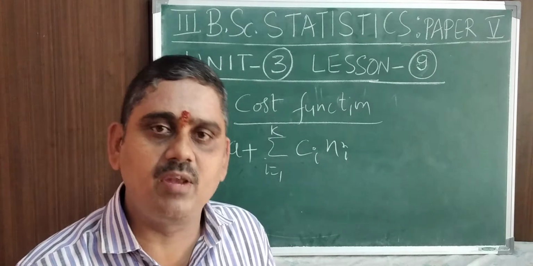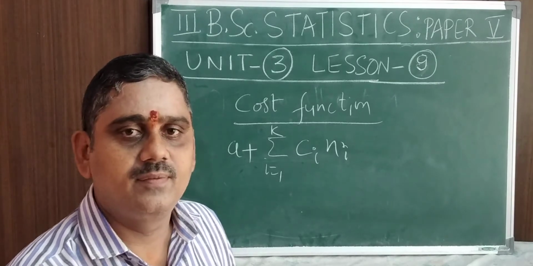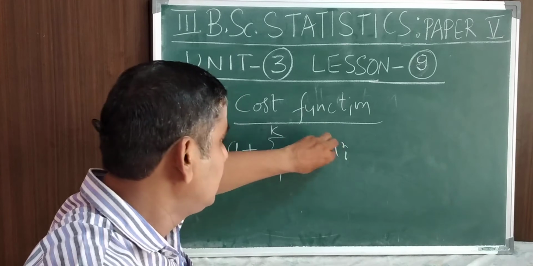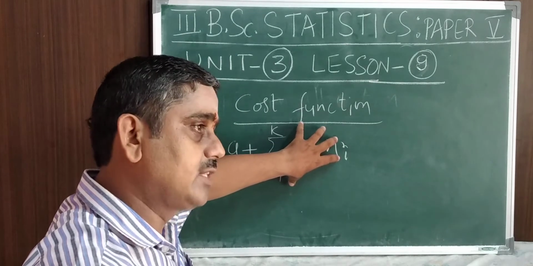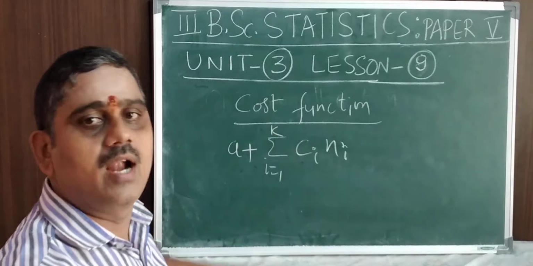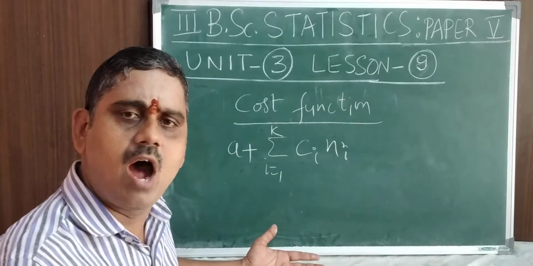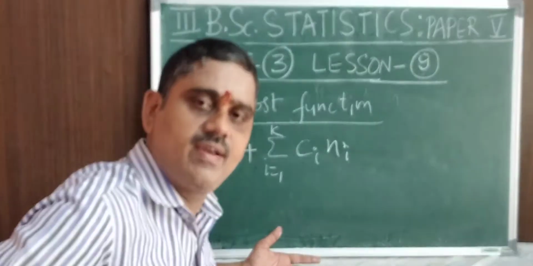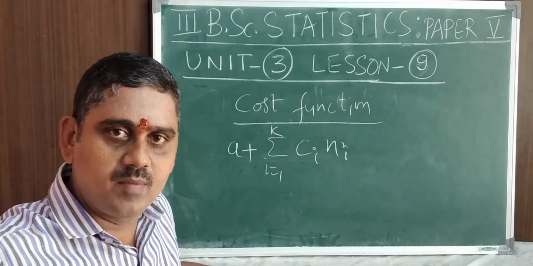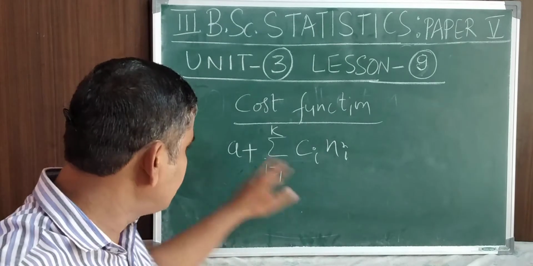The cost excluding this, the remaining cost, is overhead cost A. Whatever the reasons, we may have to spend some money on various things like taking the paper, collecting the information, preparing the questionnaire, etc. All this cost comes under A.